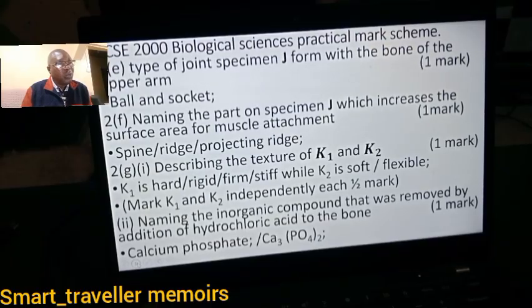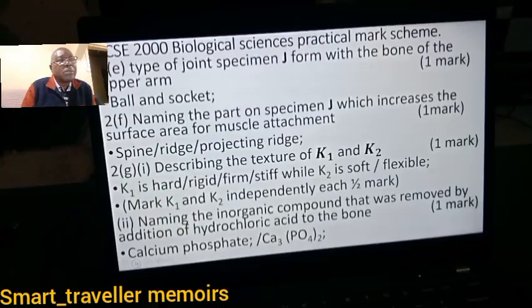G Roman 2, naming the inorganic compound that was removed by addition of hydrochloric acid to the bone. The inorganic compound is calcium phosphate. But you can also write the formula Ca3(PO4)2, and you get the answer. 2G Roman 3, what is the significance of the presence of the substance named in G1 above?